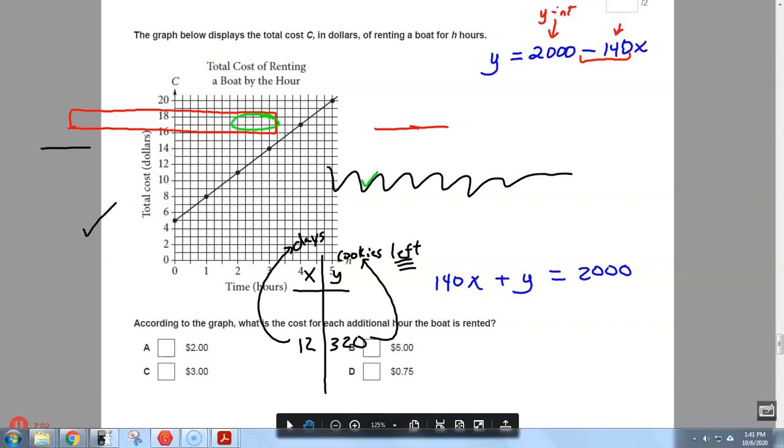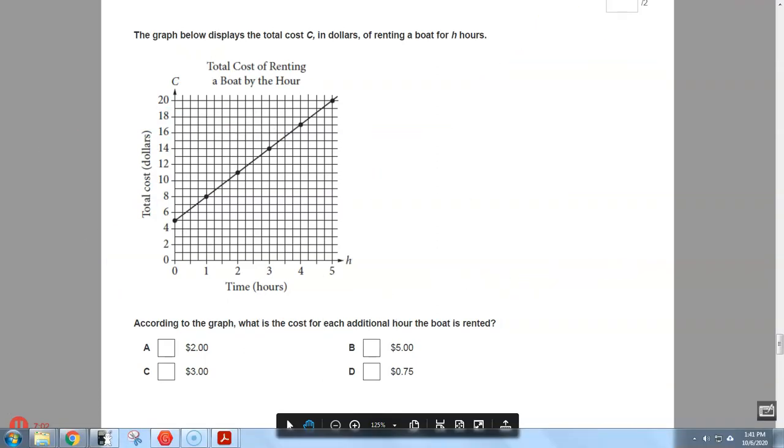So let's see what we got here. Cost of a boat, renting H hours. We have time on the bottom and money on the side. The question says, what is the cost for each additional hour? Well, if I make a little table with time and cost in dollars, at 0 hours it's $5.